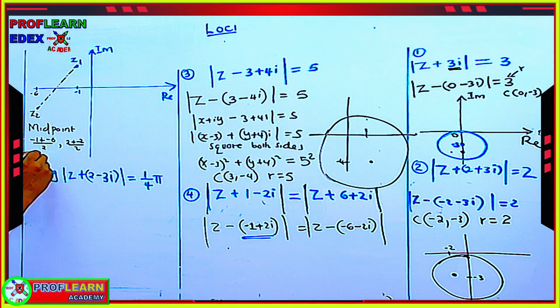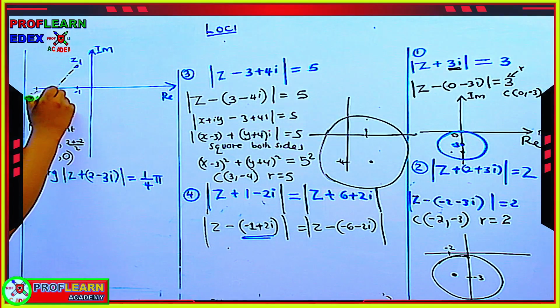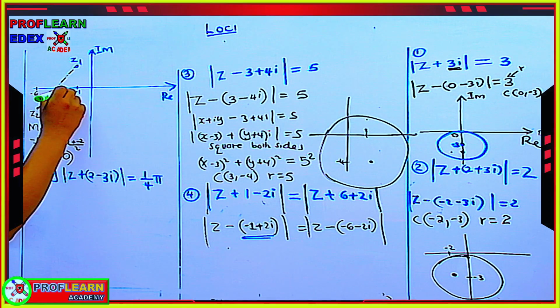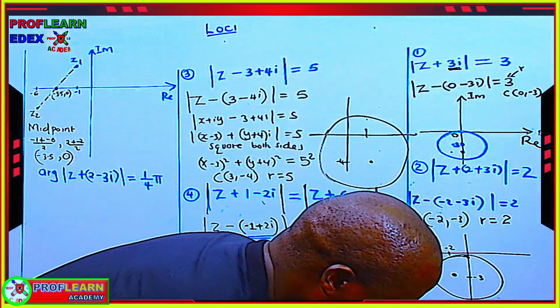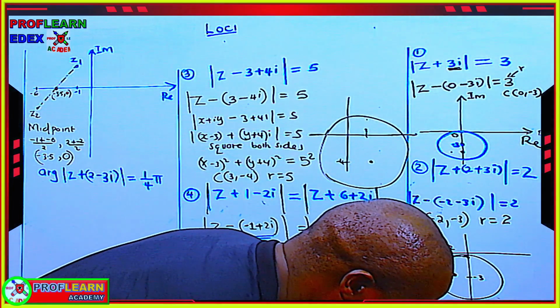So this ends up being negative 7 over 2, that is negative 3.5, and 0. So that point will be somewhere here, (negative 3.5, 0). That is the point where that perpendicular bisector locus is going to pass.